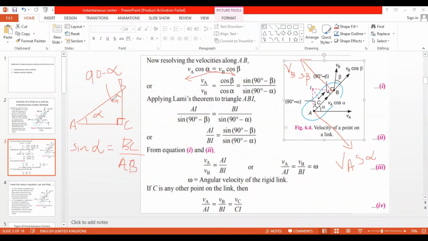Similar way, cos alpha can be written as adjacent, that is AC, upon hypotenuse, that is AB.